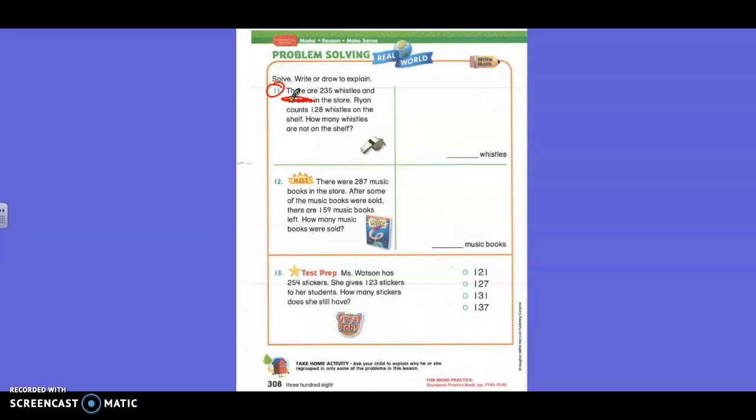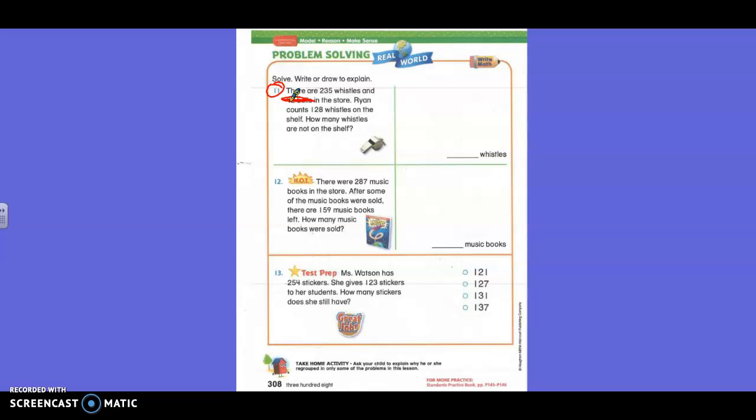Number 12. Also, I do want to point out, you're going to have to start looking at the question and seeing what it's asking and looking at the information it gives you to see if you're adding or subtracting on these ones. These problem-solving pages usually have addition and subtraction. They do review skills. But the thing that we are doing today is subtraction.